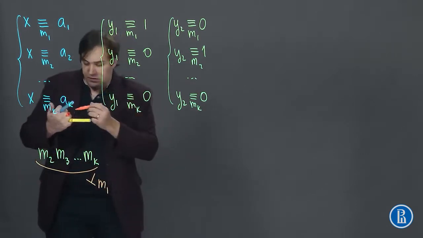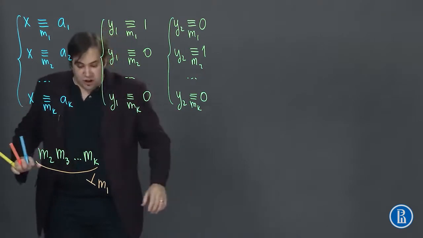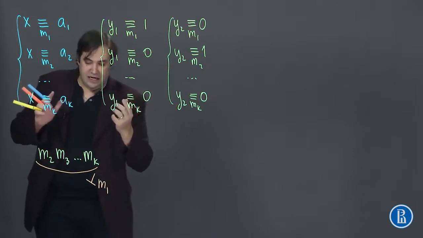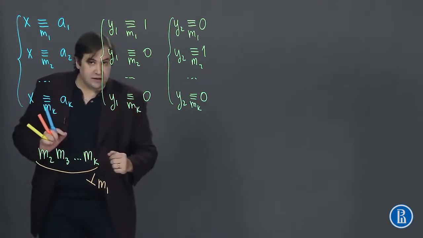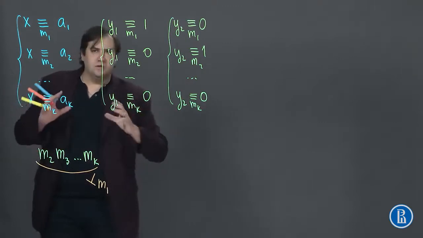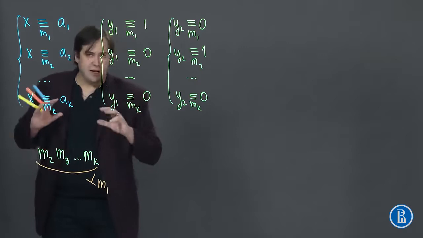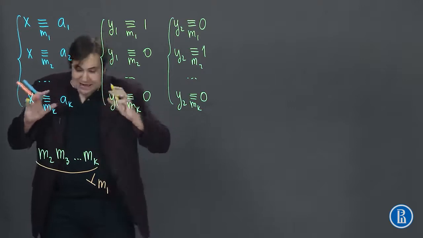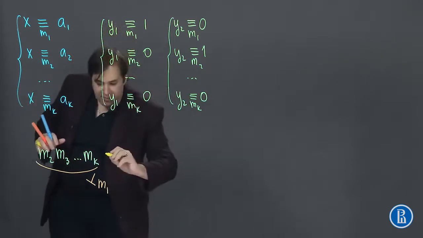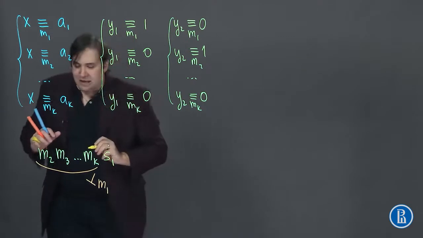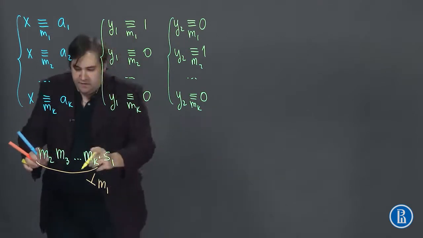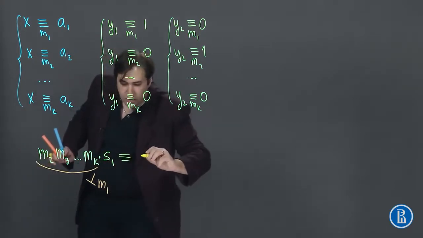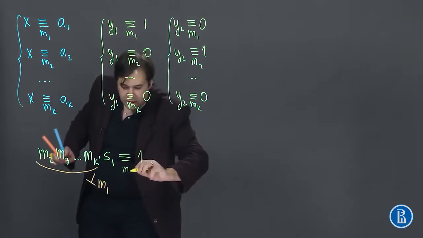As we know, any integer mutually prime with another integer is invertible modulo this integer. Well, recall Euler's function, Euler's theorem, and so on. And this means that there exists an integer s1 such that the product of this big number here and s1 is congruent to 1 modulo m1.